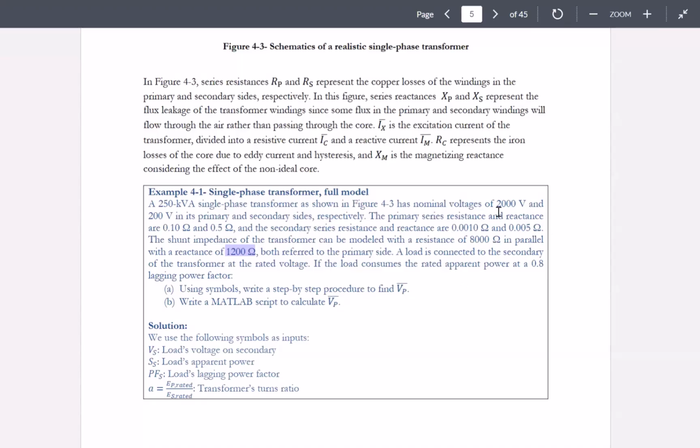See that usually the series impedances are way lower compared to the shunt impedances. So in ideal conditions, these series impedances should be zeros, and these shunt impedances should be how much? Infinite. So these numbers, the 8,000 and 1,200, are both referred to the primary side.